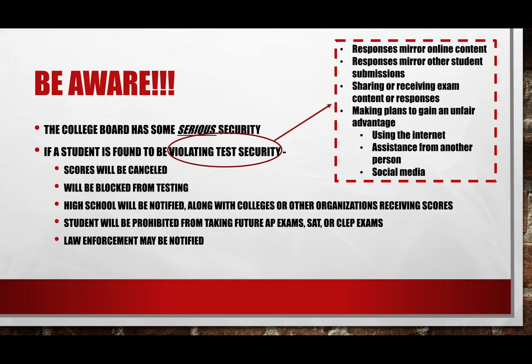I know people don't use Facebook anymore, but it was on Twitter, it was on Insta, it was all over the place where they were putting memes and references to what was on the exam on their social media. There were a lot of students that were doing that. Well, the College Board found that out. They found them, and anybody who liked those memes or those posts, all of their tests were canceled.